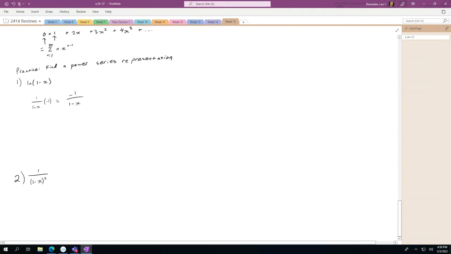And remember, to do that, we took the derivative. Well, we can write this negative 1 over 1 minus x as negative this power series. And to undo this derivative taking that we did earlier, all we need to do is take the antiderivative. So undo it. The antiderivative is also known as the integral.